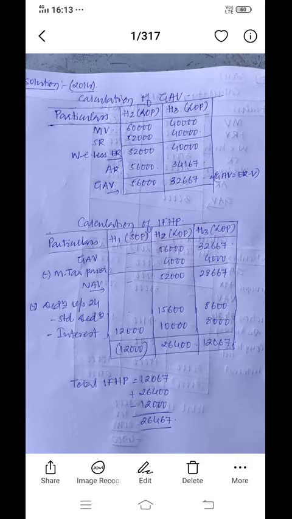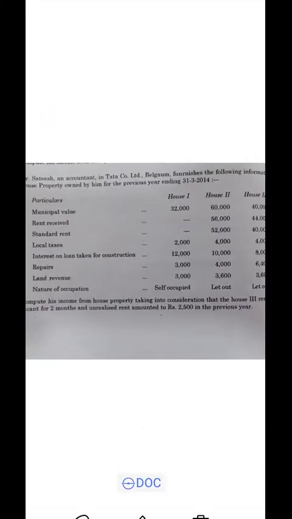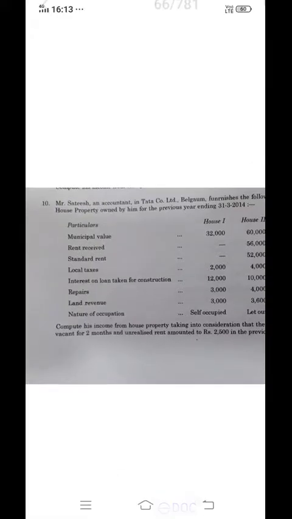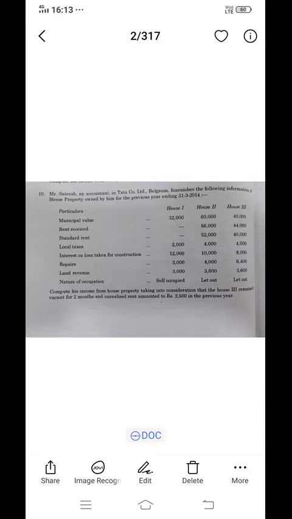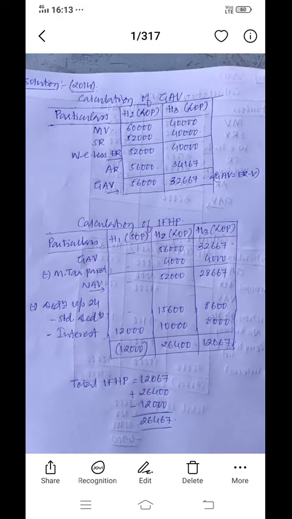So 52,000 and 40,000. The actual rent for house 2 is 56,000, so I have taken 56,000. For house 3 it is 44,000, but I have taken 34,167.